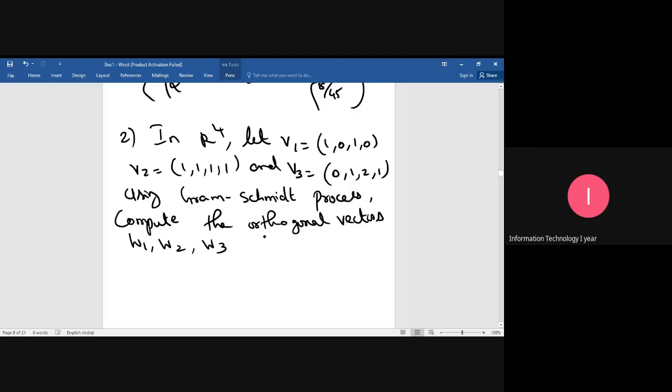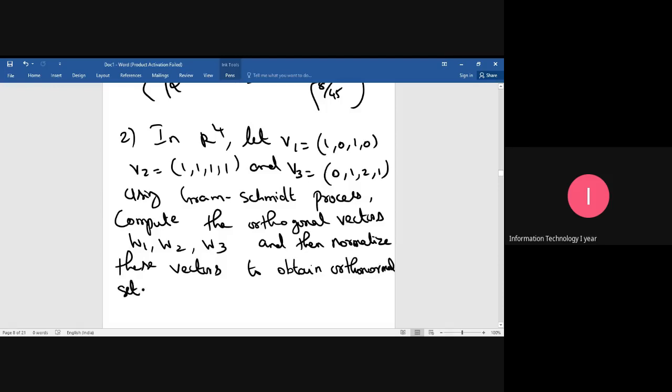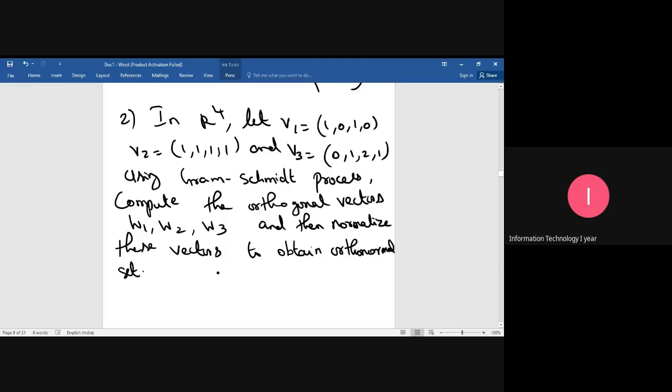So find out W1, W2 and W3, and then normalize these vectors to obtain orthonormal set. Okay, so it is actually vector form.